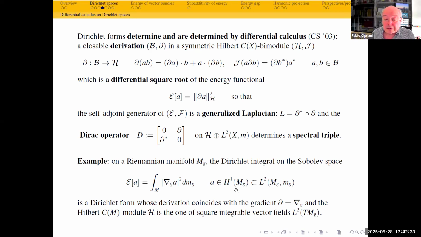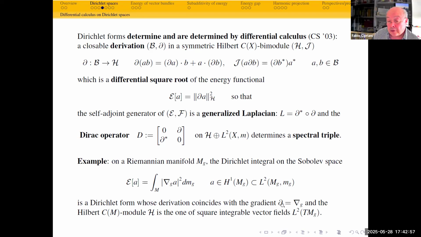So the domain F, in this case, is the first Sobolev space. And by this theory, one can reconstruct from the Dirichlet integral the gradient operator. So in this case, the derivation just reduces to the gradient operator of the manifold.